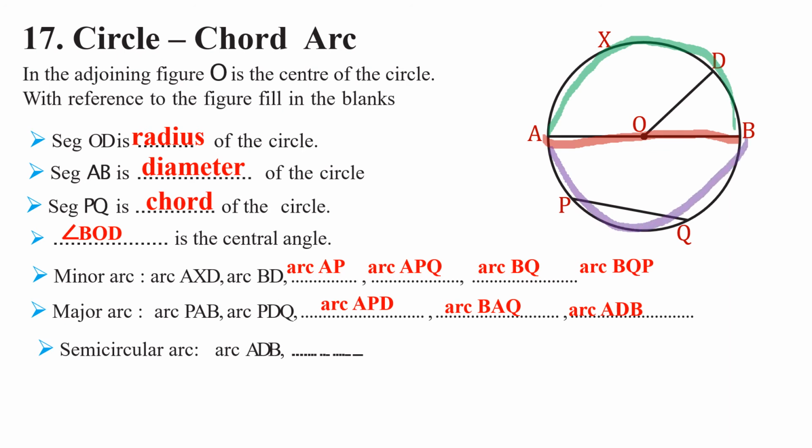These two parts are semicircular arcs. Arc ADB, and the second one APB or AQB. APB or AQB are the same arc.